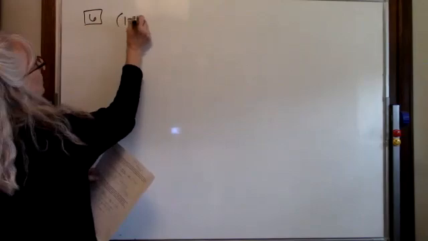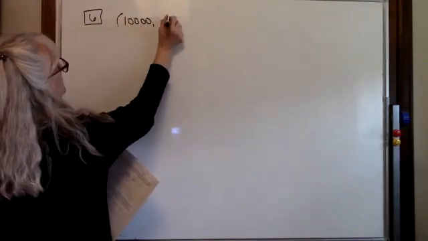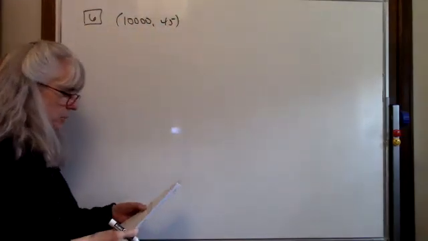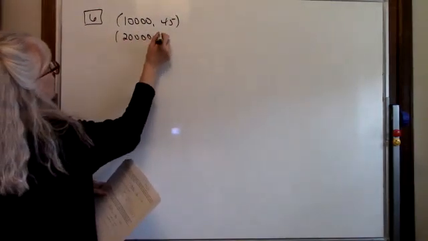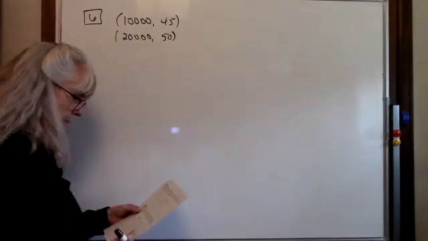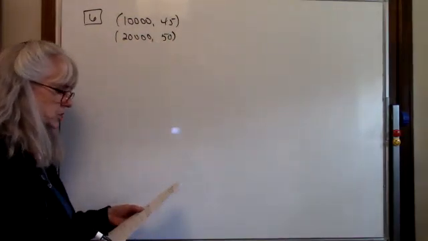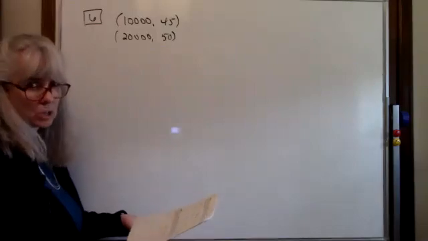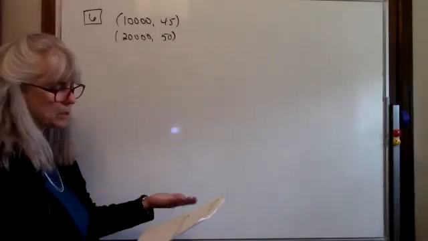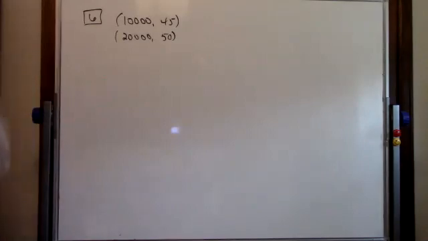So again, the number of units and the price. At a unit price of $50, 20,000 units will be available. Assuming the relationship between the price and the quantity supplied is linear, derive the supply equation. And then, of course, it asks some questions about that, but let's try that supply equation first.